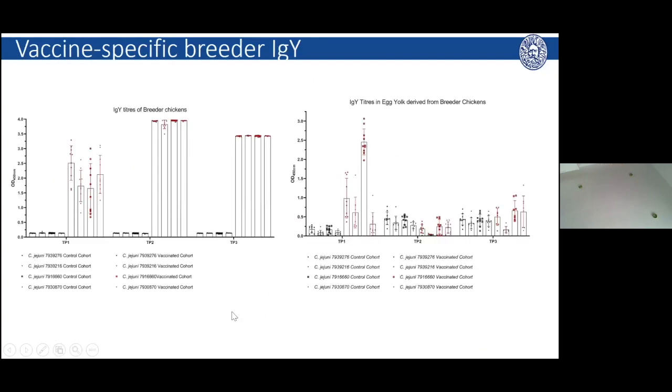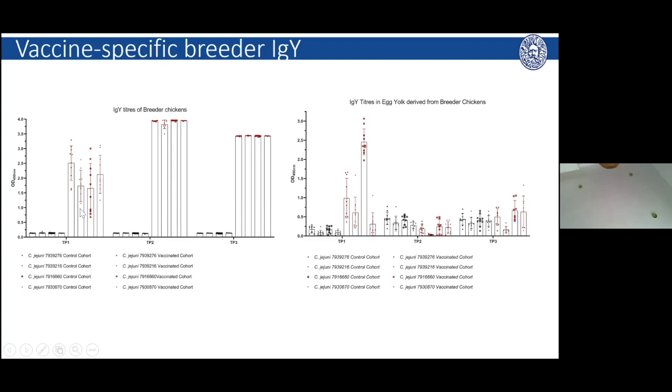So we did ELISAs with the blood and the egg samples, and we looked to see in the breeder blood, we would expect to see a much higher concentration of vaccine-specific antibody in the vaccinated breeders compared with control.